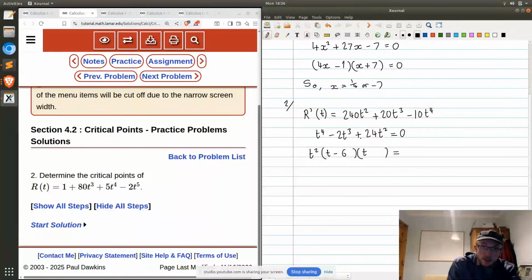That's positive, isn't it? And again we see an arithmetic error. Just keep on happening. Can't seem to stop myself from making these blimmin' arithmetic errors. Okay. So t equals 0, -4, or 6.